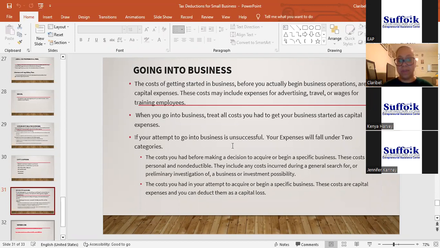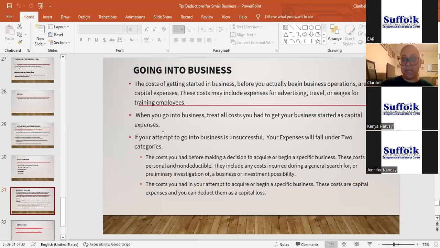You treat all the costs you had to get your business started as capital expenses. Even if your business is not open, anything you're spending right now to advertise your business or get it running, save all your receipts, and once your business opens, you deduct it all as your startup costs.